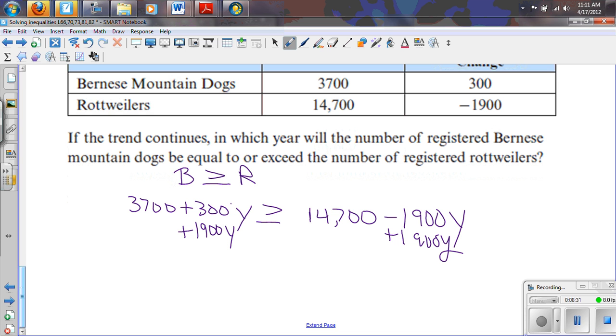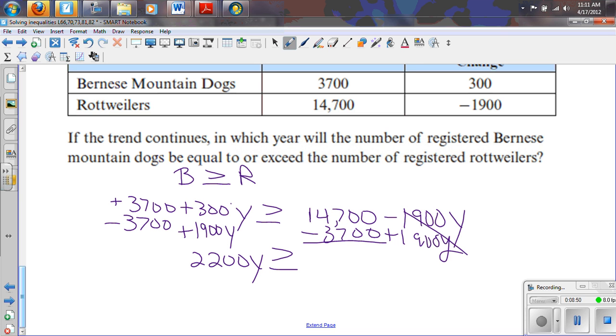And when I do that, then I get 2,200y is greater than or equal to, and we still have this plus 3,700 out here, so I'm going to minus the 3,700 from both sides. And so those canceled out, these canceled out. All I'm left with is 2,200y is greater than or equal to, and so we do some subtraction, 11,000.